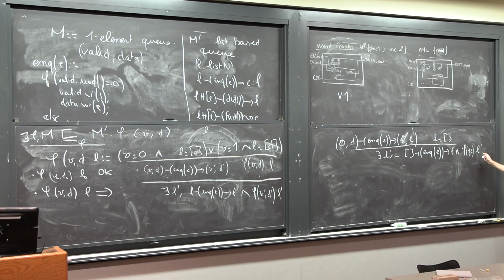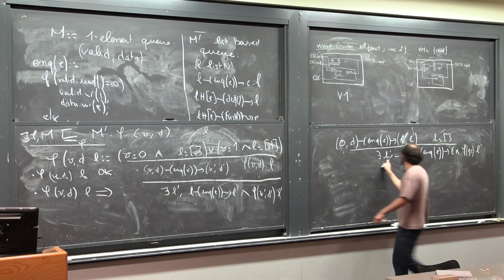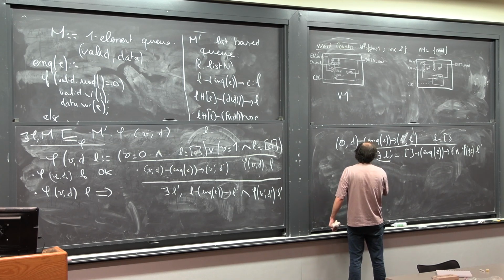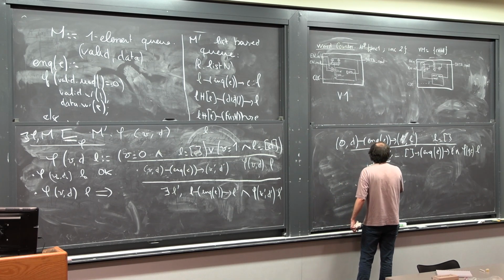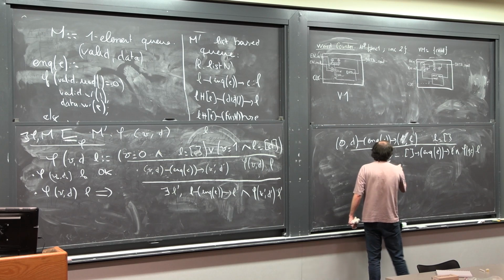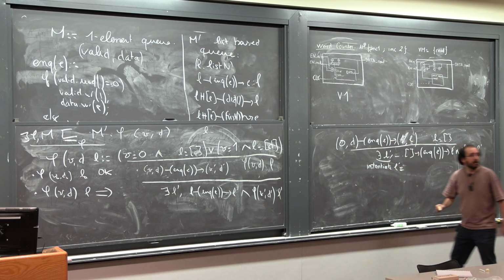And that's going to be straightforward by simplifying, by instantiating with L prime. How do I instantiate it?